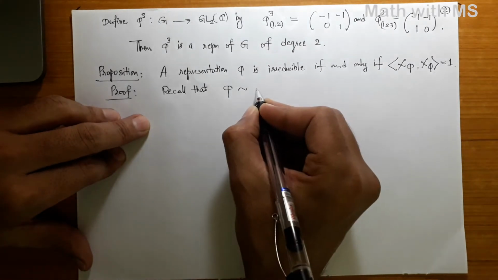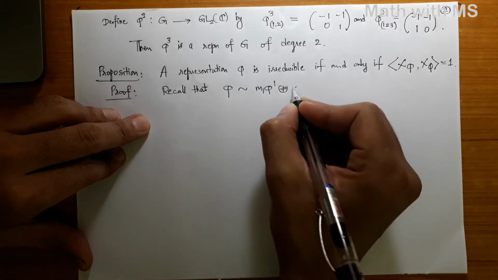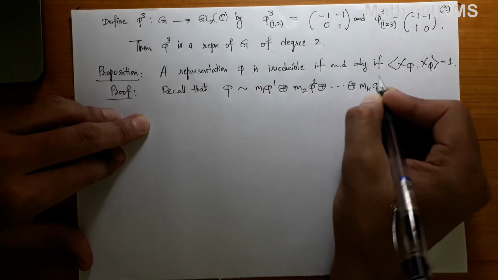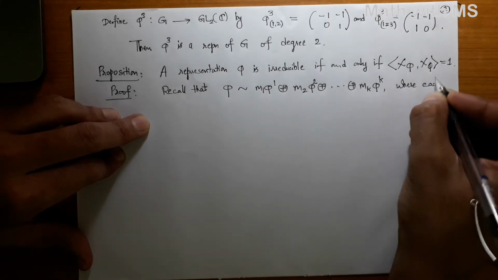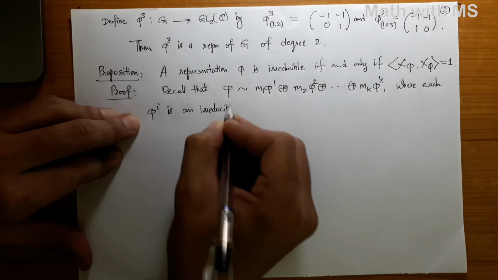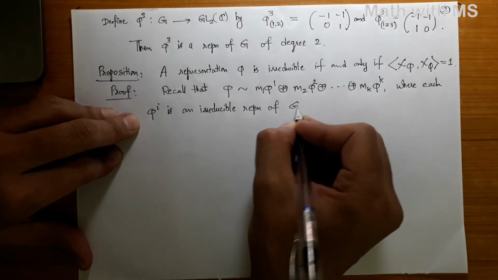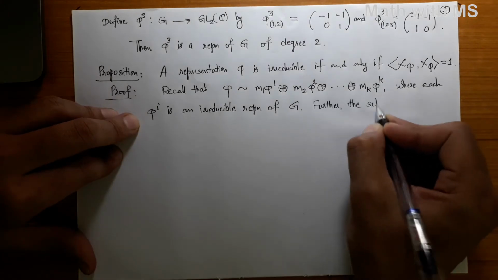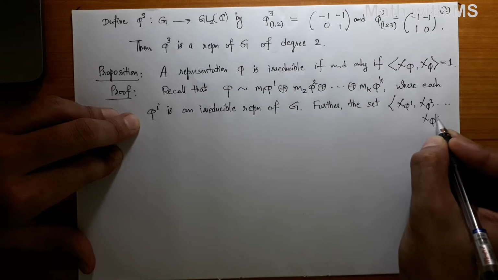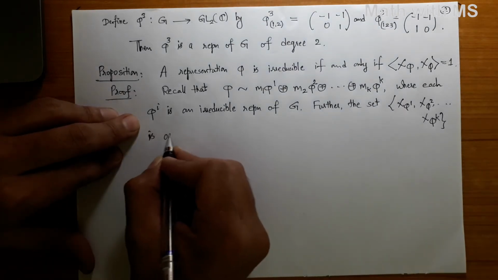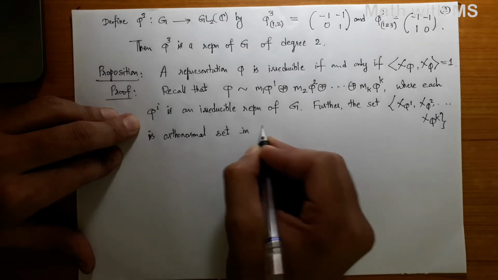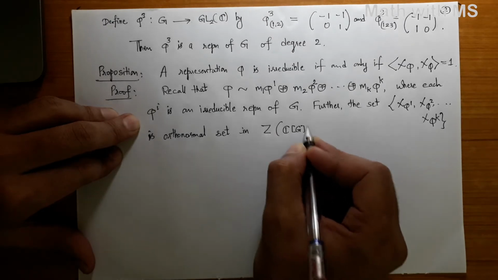So phi is equivalent to, let us say, m1 times phi1, direct sum with m2 times phi2, and so on, mk times phi k, where each phi i is an irreducible representation of your group G. The set chi of phi 1, chi of phi 2, and chi of phi k is an orthonormal set in Z of CG, the space of all class preserving functions on the group G.